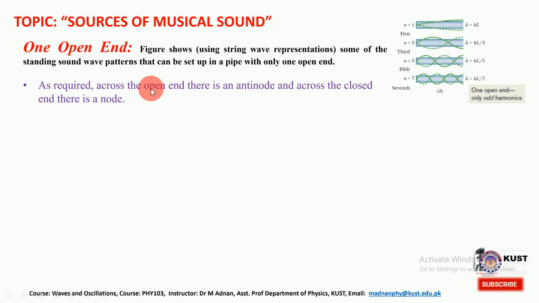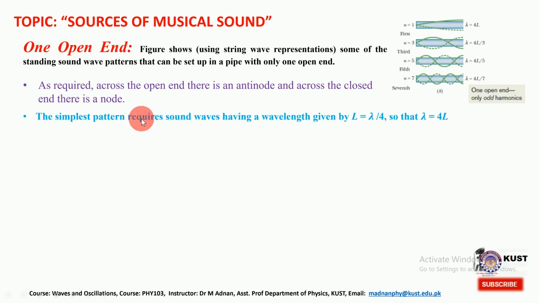As required, across the open end there is an antinode, and across the closed end there is a node, as I have discussed. So the simplest pattern requires sound waves having a wavelength given by L is equal to lambda by 4, so that lambda is equal to 4L.